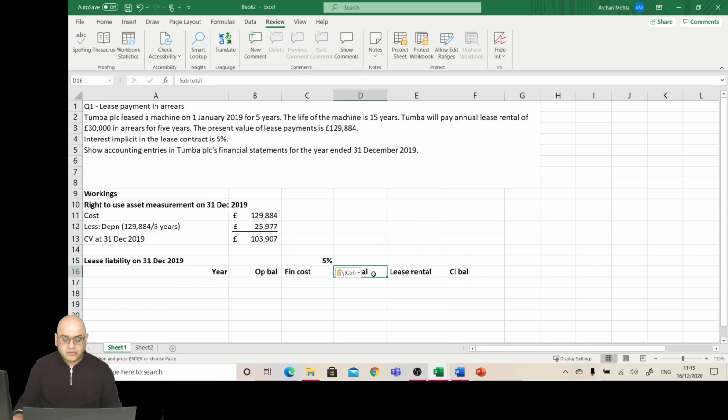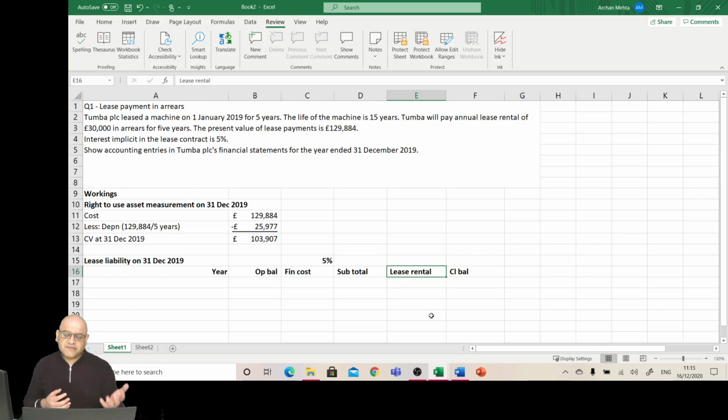So the fourth column is subtotal. Opening balance plus finance costs, when you add them up, you get subtotal, minus lease rental, and that will give you closing balance. Lease rental is something similar to paying a mortgage installment, and in each installment you are paying some of the interest and some capital back.